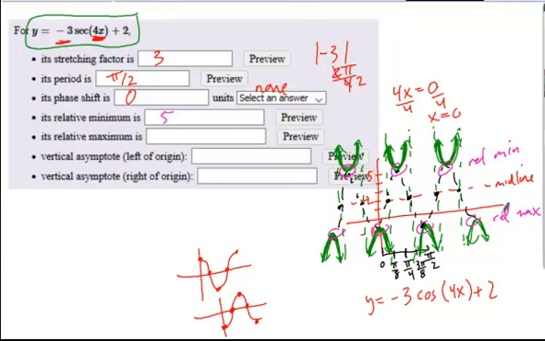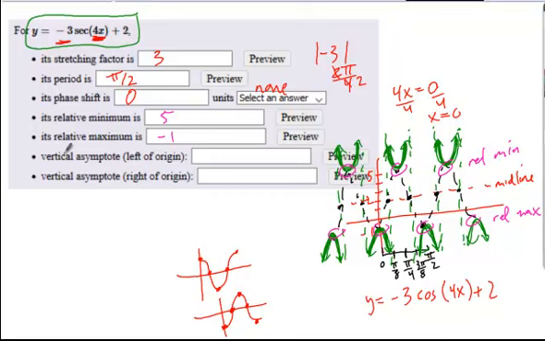So my relative maximum for the secant is going to be at -1. Again, this is counterintuitive, as mentioned in some of the other videos, because 5 is greater than -1, but 5 is the minimum and -1 is the maximum. If they were asking for the cosine function, it would be the other way around. This would be a maximum and this would be a minimum, but because we're dealing with the reciprocal function, this is a minimum here, and this one is a maximum.